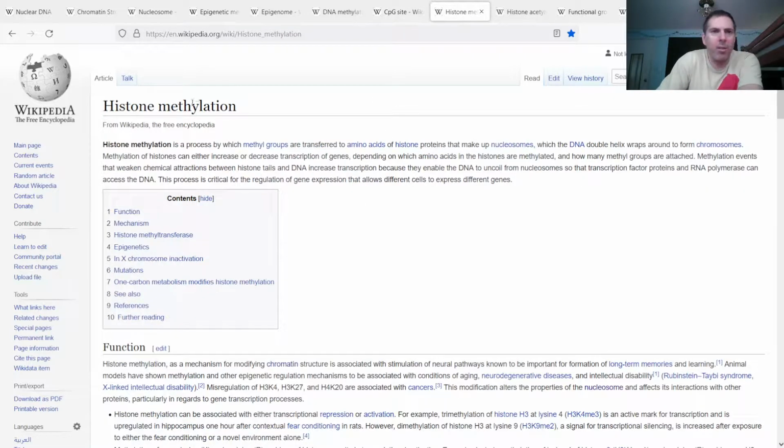And the histones can also get methylated. The methyl group is added to one of the amino acids in the histone proteins in the nucleosome. I think I mentioned it, but maybe not, the tagging is a way to control transcription of the DNA. Here with histone methylation, you can either increase or decrease transcription.